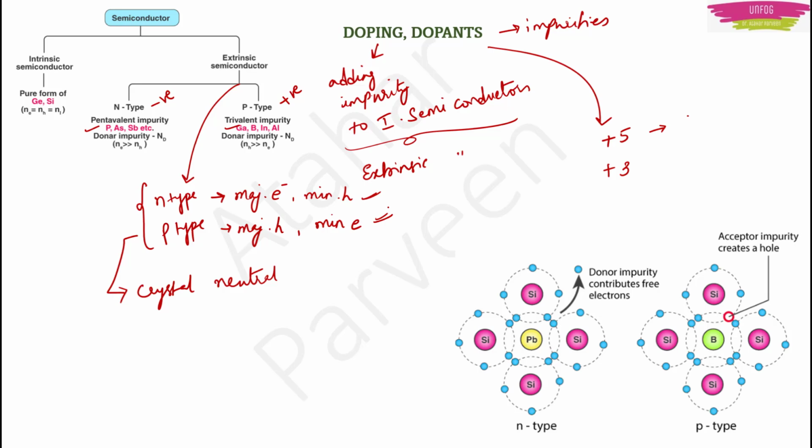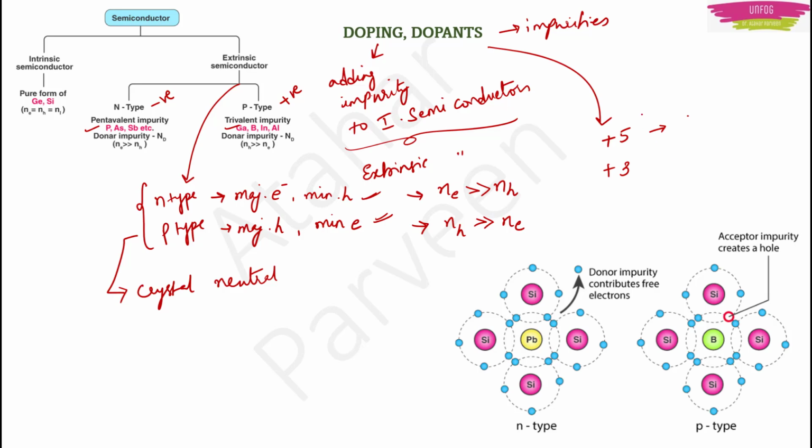In P-type, majority charge carriers are holes and minority charge carriers are electrons. Now I can also say that in N-type, the number of electrons will be very much more than the number of holes, because majority charge carriers are electrons. And in P-type, the number of holes is more than the number of electrons. This you have to remember.